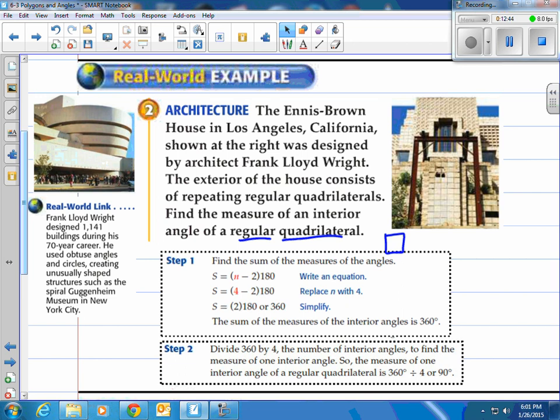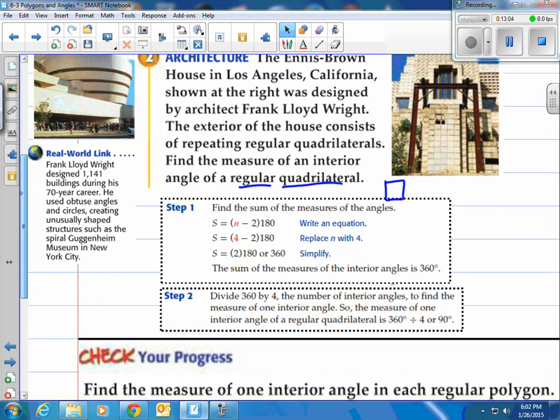So the measure of one interior angle of a regular quadrilateral is 360 divided by 4, or 90 degrees. And we already kind of know that one. But that's how you would find the interior angle of a regular anything, any polygon. Take the total angular measure, divide by how many sides there are, or angles there are.